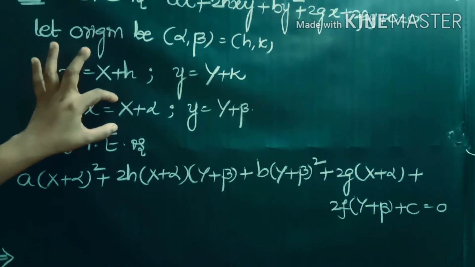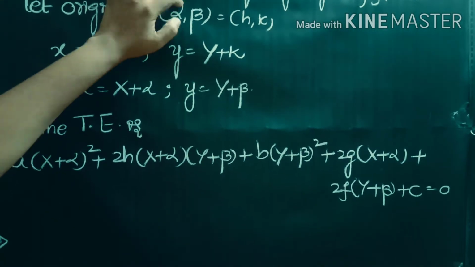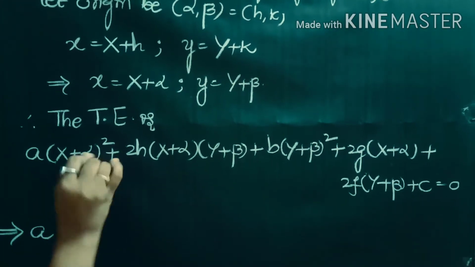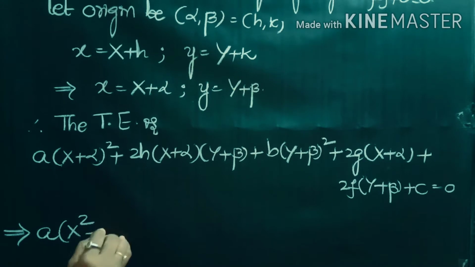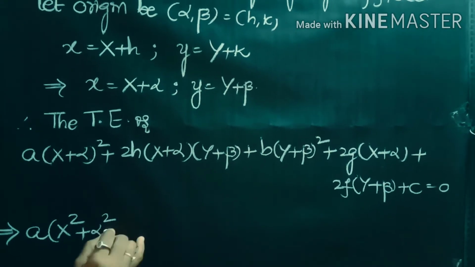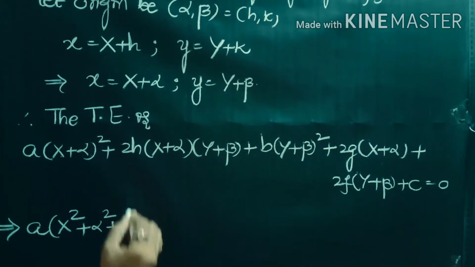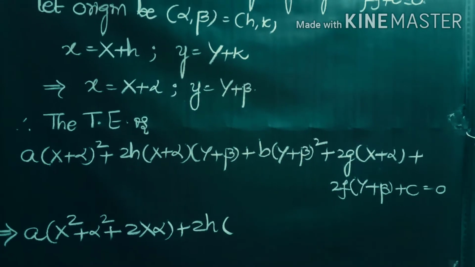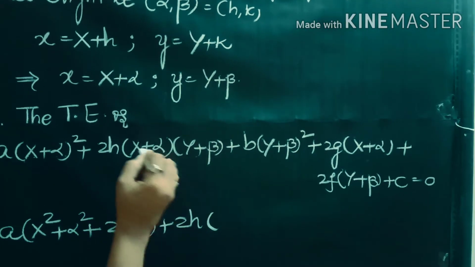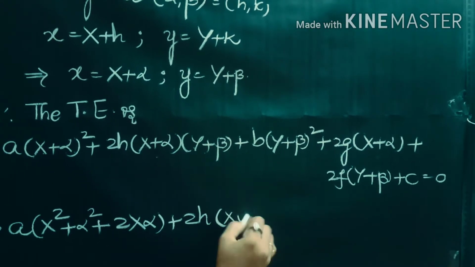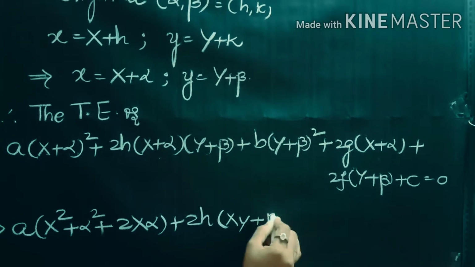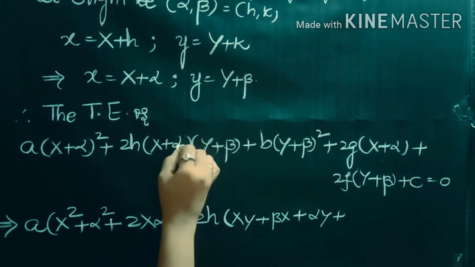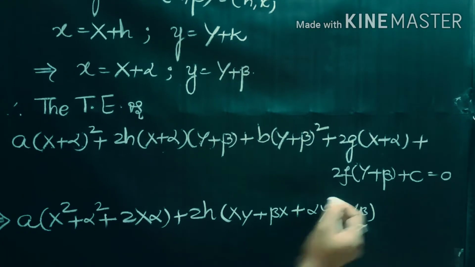That is, we substitute the x and y values in the given equation. Now we take the expansions. a into (X plus alpha) whole square gives a X square plus a alpha square plus 2a X alpha. Next, plus 2h into the product of these two terms: X into Y gives XY, X into beta gives beta X, alpha into Y gives alpha Y, and alpha into beta gives alpha beta.